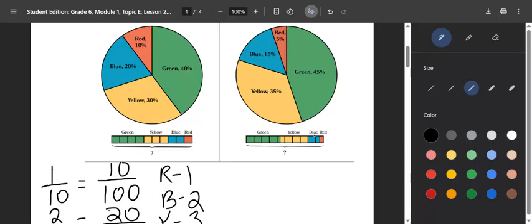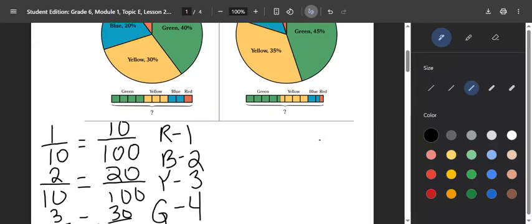Because if the unit value is 2 and we've halved it, that means she's got 1. So 1 out of what equals 5%?